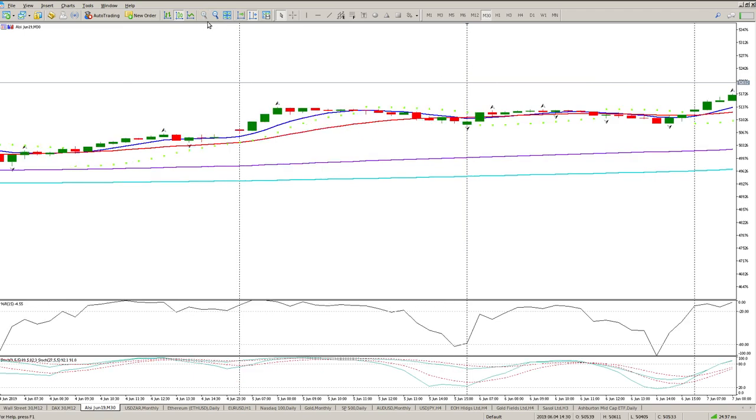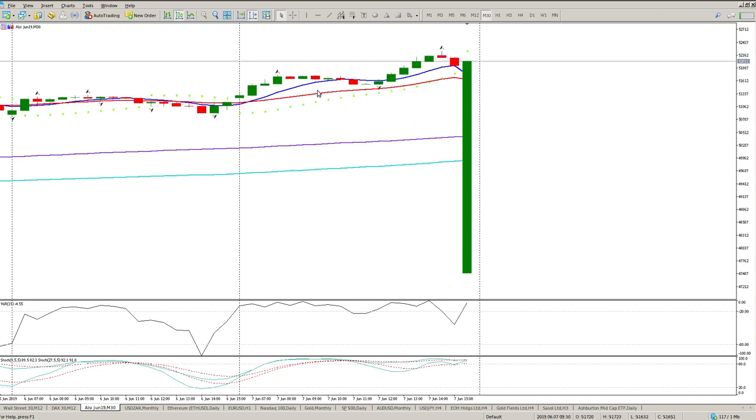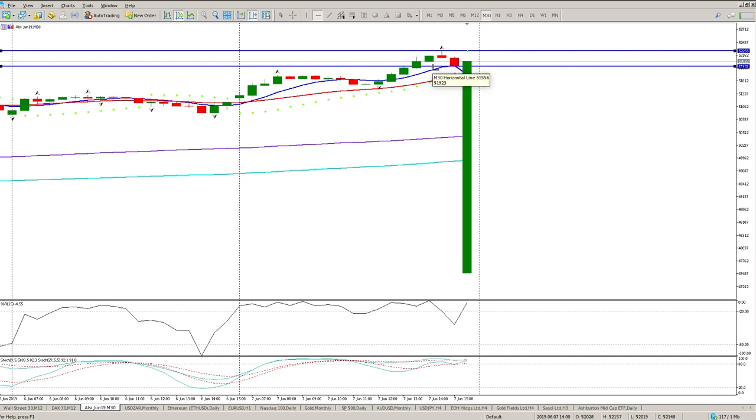Let's just zoom in. The one is there, and the other one is there.